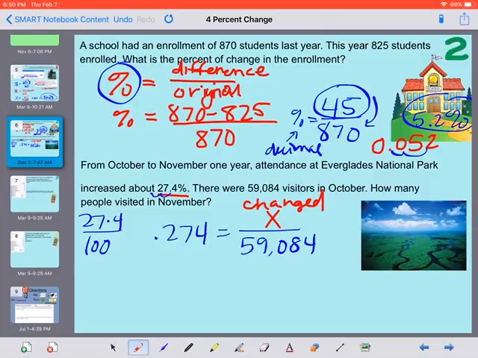So that's what we're trying to figure out: how many more people or how many less people were there? We know there's going to be more people because the population is increasing. So to get the answer, the opposite of dividing is multiplying. So we're really multiplying by 59,084.